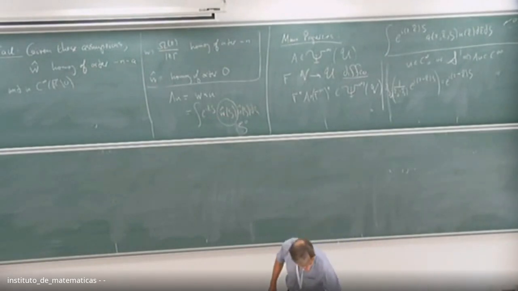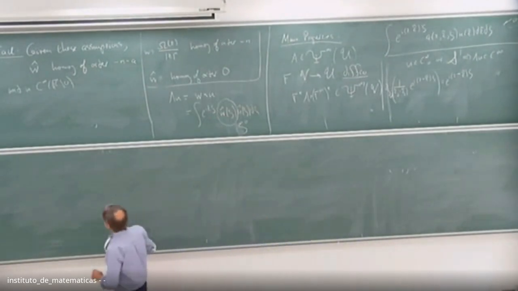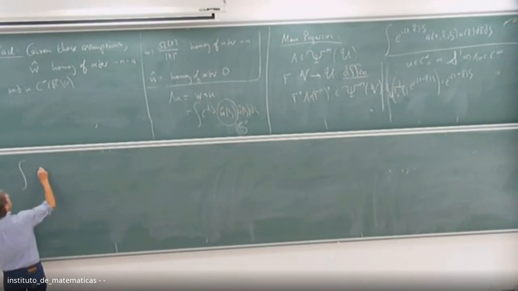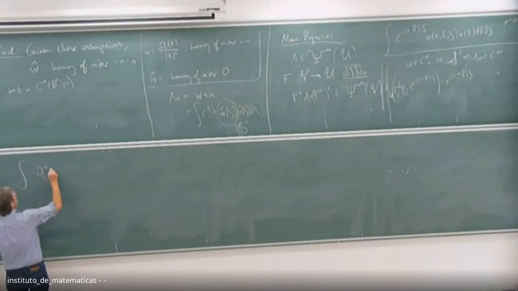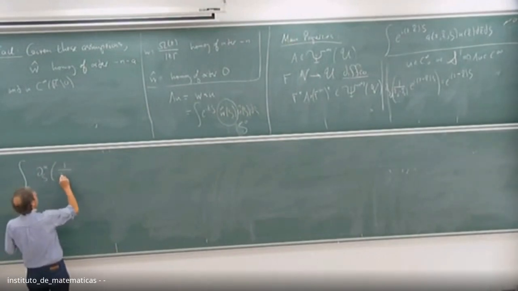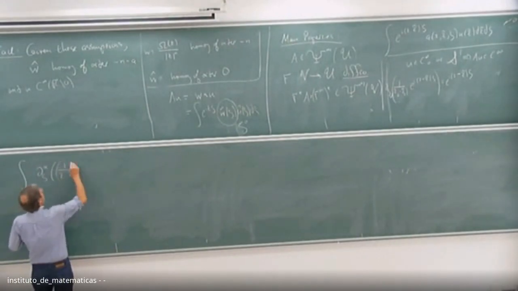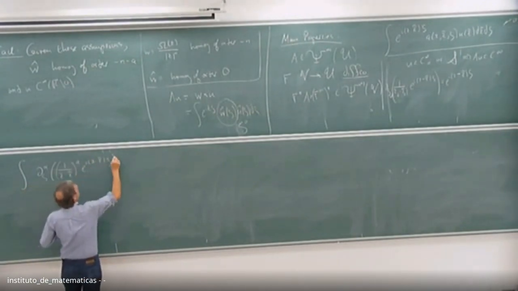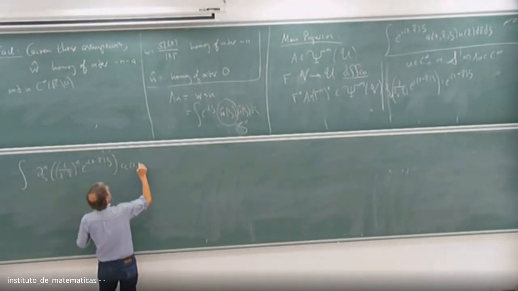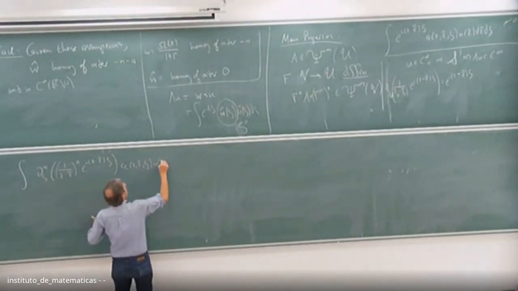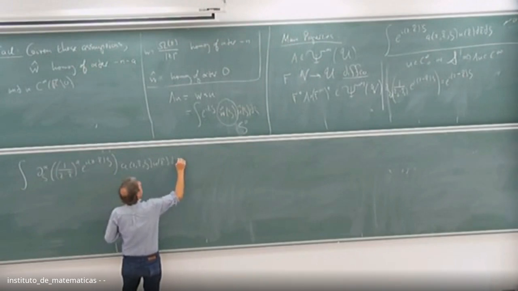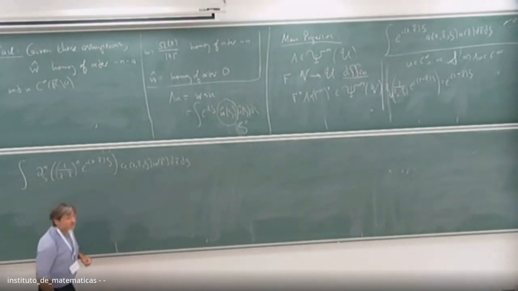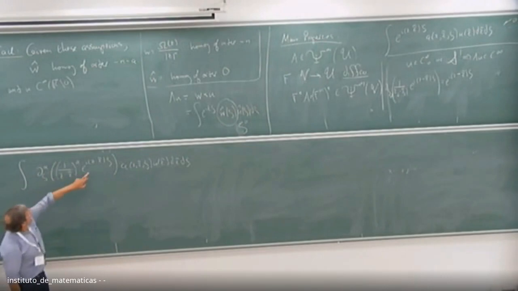If I have this integral, I can replace this by d zeta to the alpha of, let me write this formally, 1 over z minus z tilde to the alpha, e to the i z minus z tilde dot zeta, times a of z, z tilde, beta, u of z tilde, u of z tilde, zeta. So all I've done is take this exponential and replace it by the same expression.